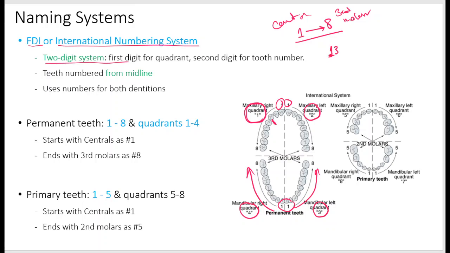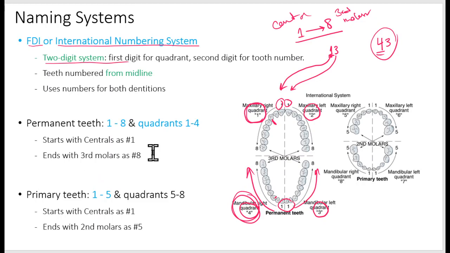So you read 1 as the quadrant and 3 as the tooth. If I put 4, 3, you know that 4 is the quadrant, which is this quadrant here, and 3 is the canine. So this would be the permanent mandibular right canine. So that's the way that they use it. And again, start from the center and go to the sides.